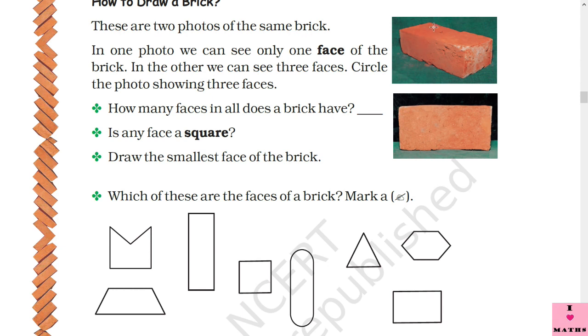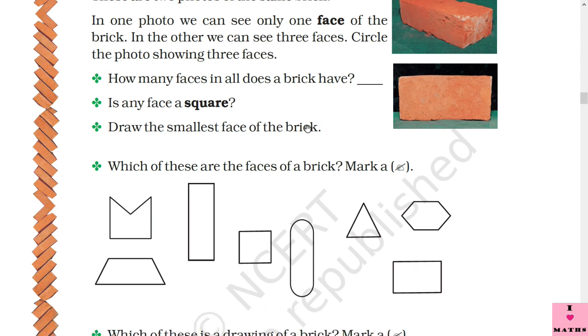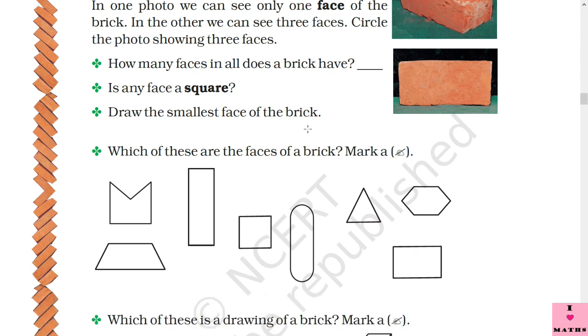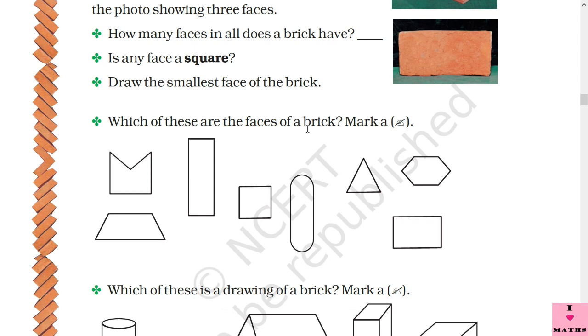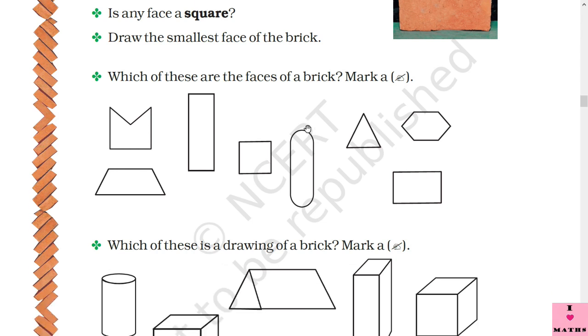So you can very well see this is a rectangle, this one is also a rectangle, and this is also a rectangle. So we don't have any face in a brick which is a square. And you can easily draw the smallest face in the brick.